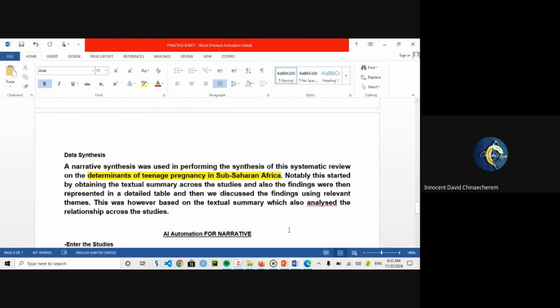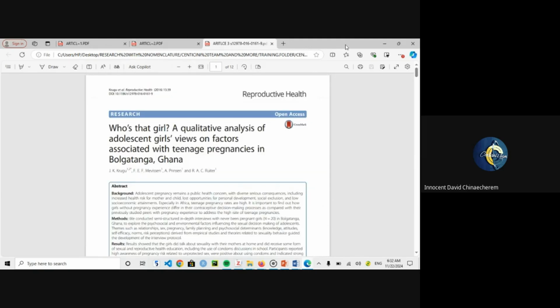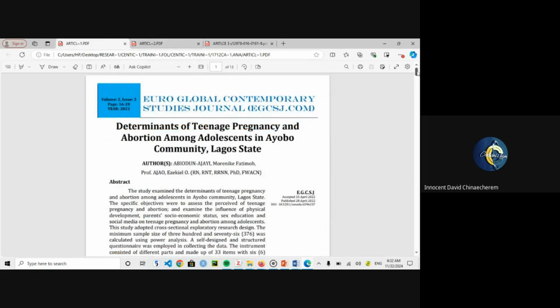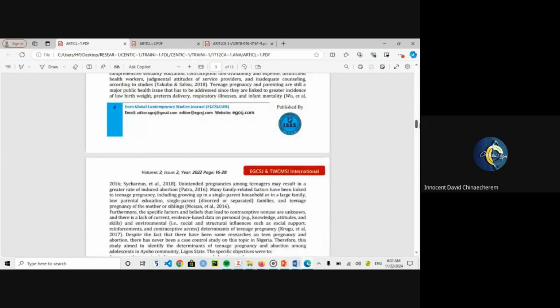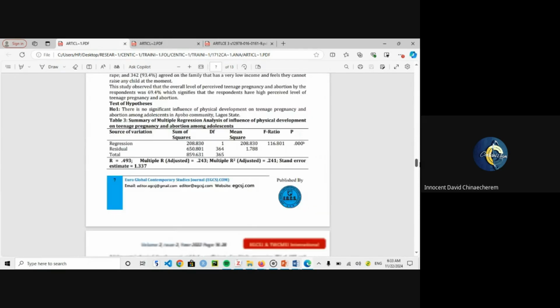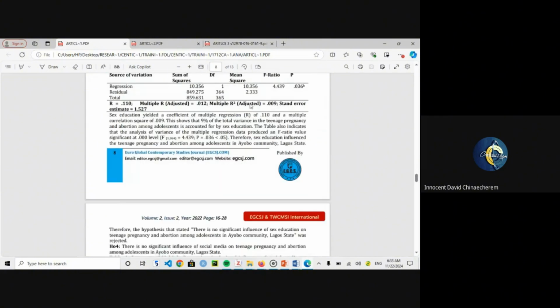We can use a narrative synthesis, we can use a meta-analysis, depending on the nature of the included studies that we have. But when we have a look at some of these studies that we've included here, we see that these studies don't really have numerical estimates. We don't have a common numerical estimate here.